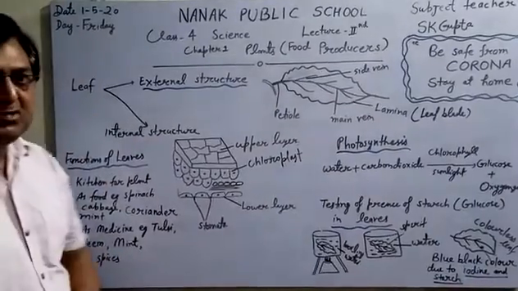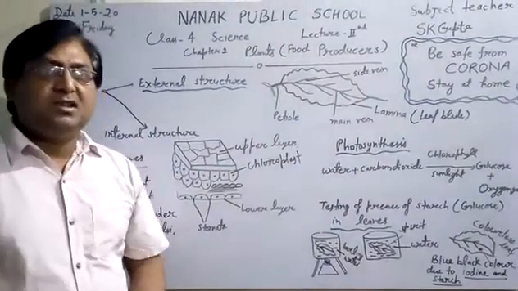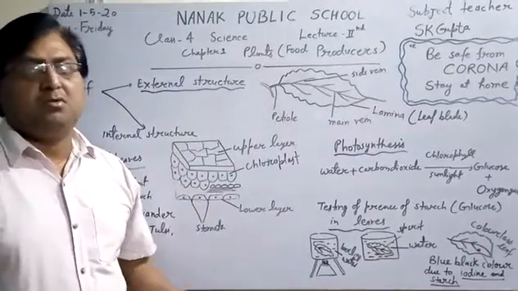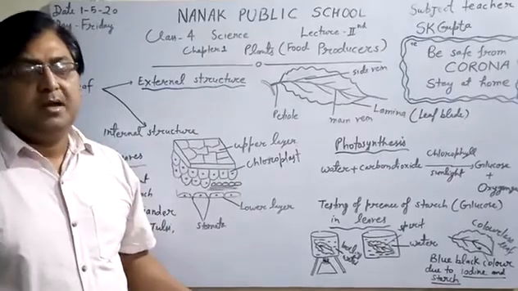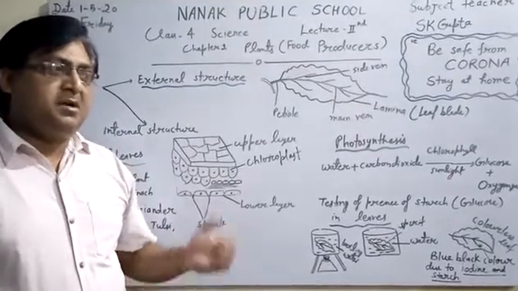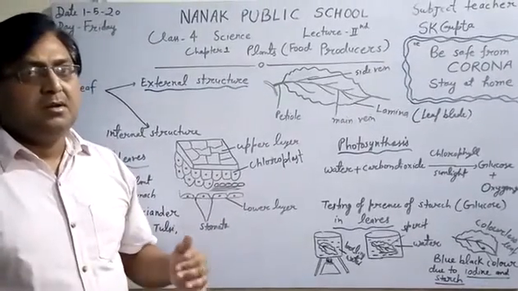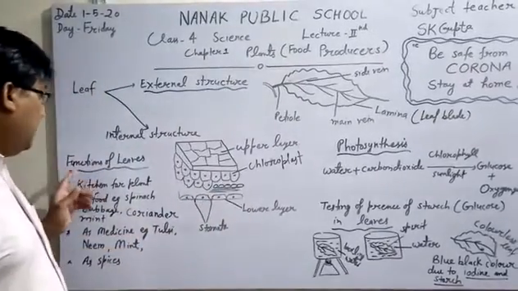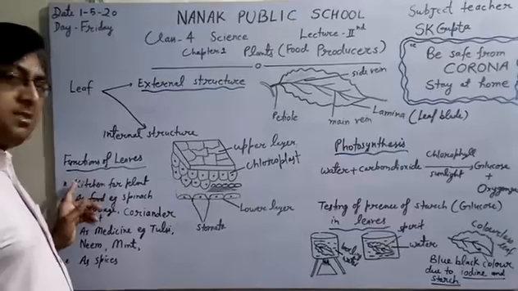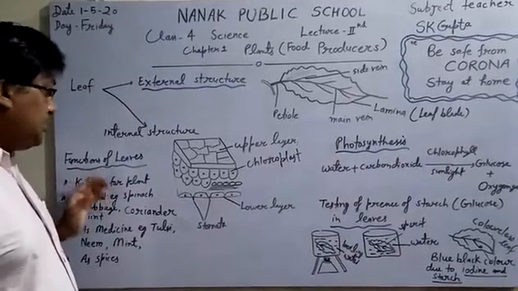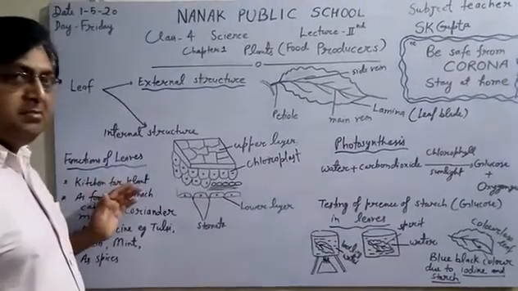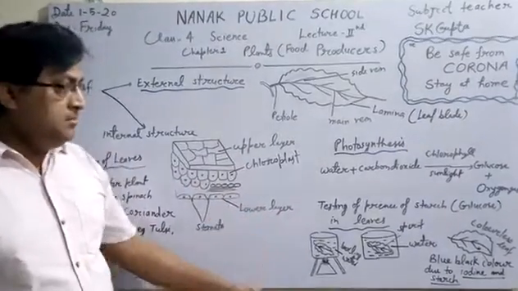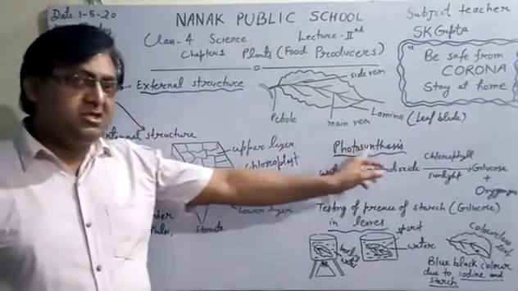Now I have to explain what is the function of leaves. What is the role of leaves in plants? As we know, each and every part of the plant has particular importance, in which leaves are known as the kitchen of the plant because they prepare food substances by the process of photosynthesis.